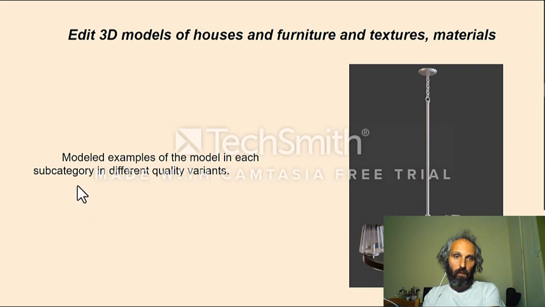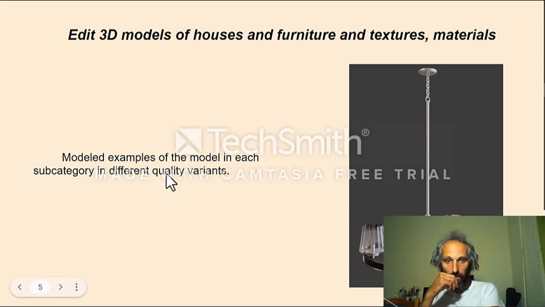Then we have edited the 3D models. All the work on 3D models is finished. Modeled examples of the model in each subcategory in different quality variants. So the idea was to create at least 3 quality variants, like quality grades.